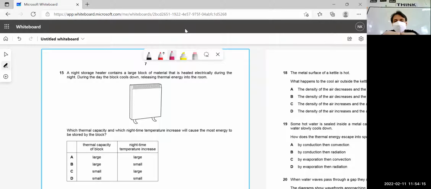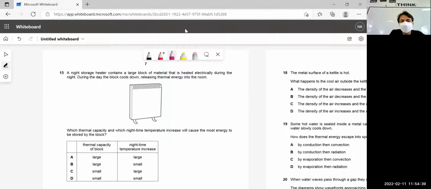We have a large block of material that is heated electrically during the night time, so it will absorb energy. As it absorbs more and more energy, its temperature will increase, releasing thermal energy into the room. So in this question, children, the thermal capacity of this heater should be very high.